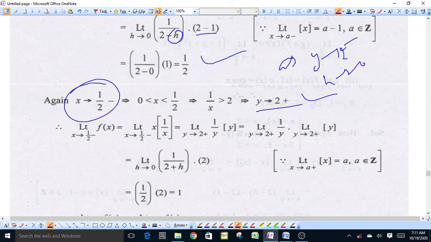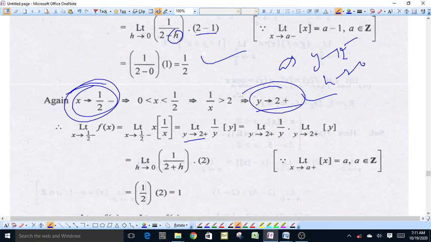Now limit of f(x) as x approaches to half from left is equal to limit of x into greatest integer of 1 by x as x approaches to half from left, which will be equal to limit y approaches to 2 from right, because when x approaches to half from left, that is equivalent to y approaches to 2 from right.